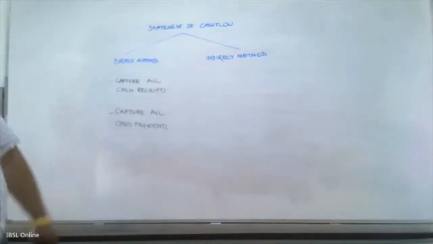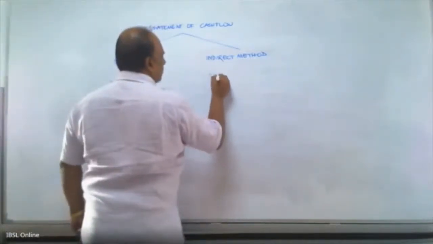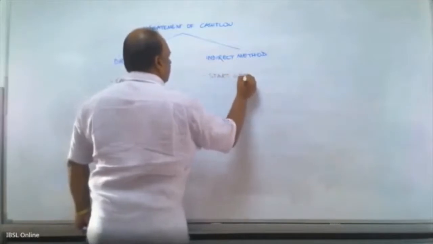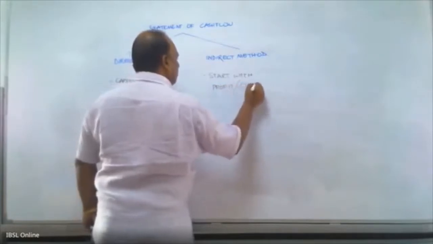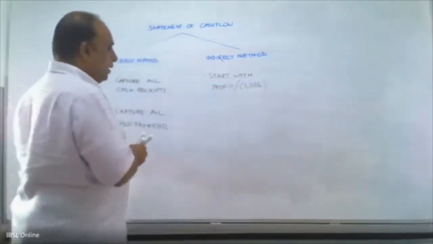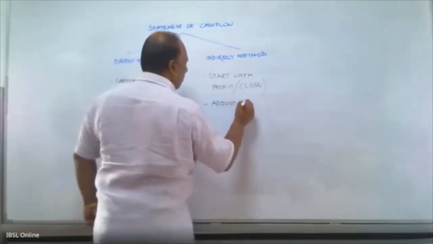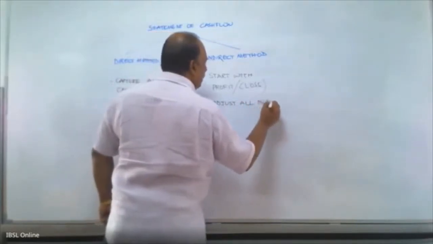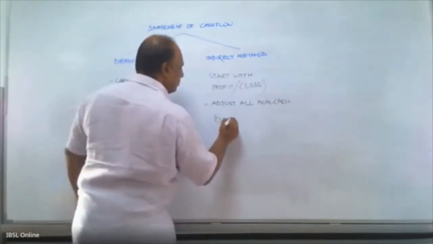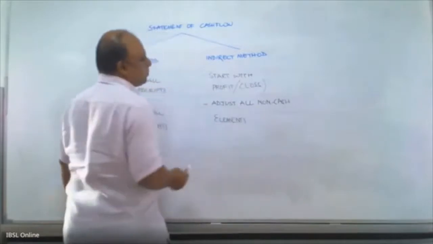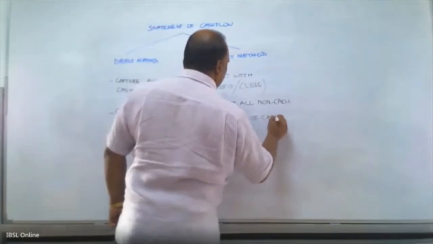But in the case of an indirect method, you have to start with profit or loss and then adjust all non-cash elements, all non-cash elements of cash flow.